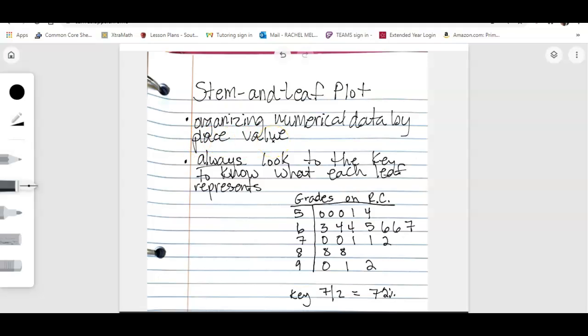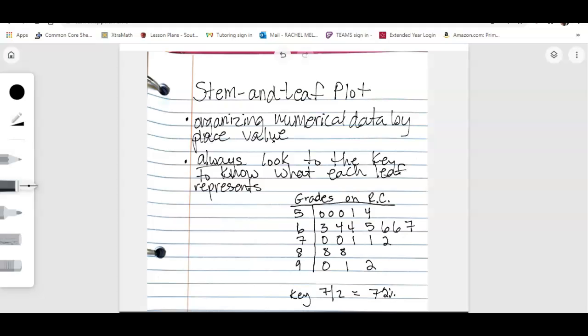Now, stem and leaf plots are used mainly so that we can see very quickly how much certain data happens. When I'm looking at a stem and leaf plot, I always need to look at the key to know what each of the leaves are representing.